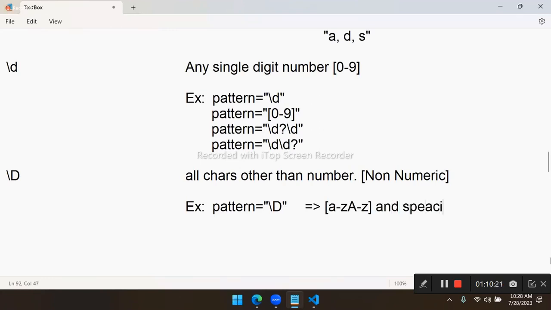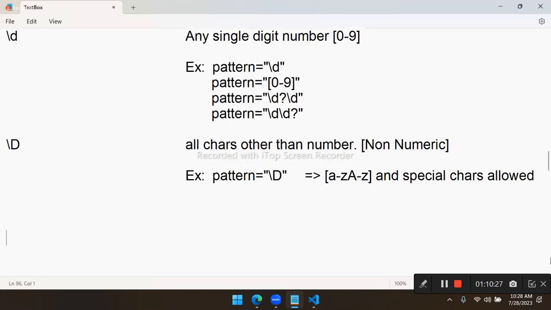Only numbers not allowed. So it allows all characters other than number. How many characters? Only one, because \D means only one character.